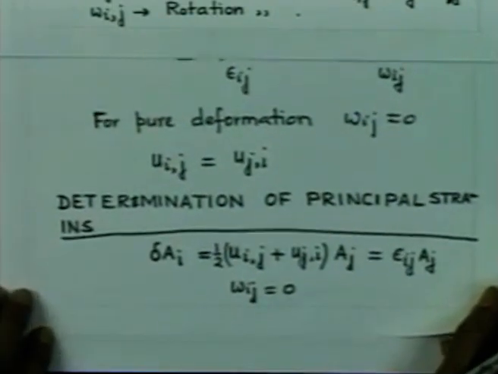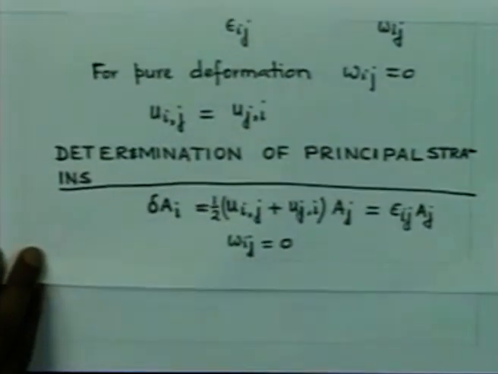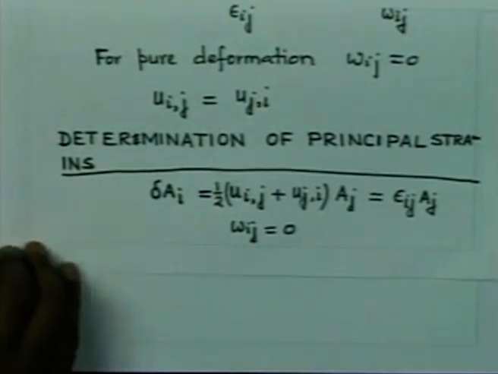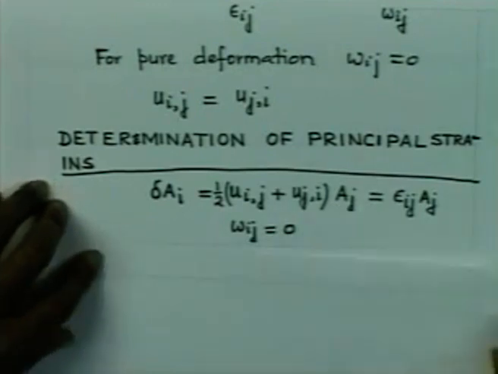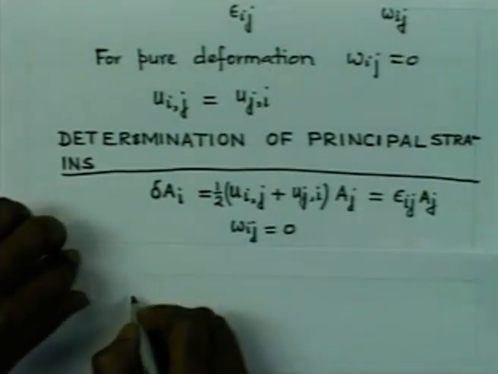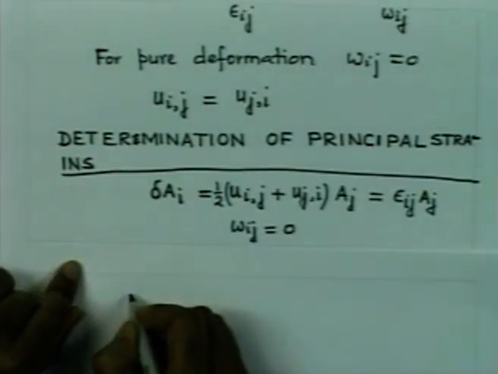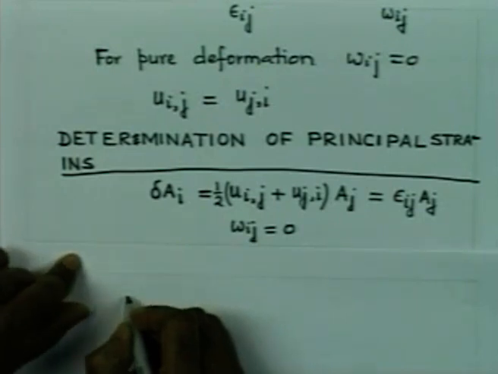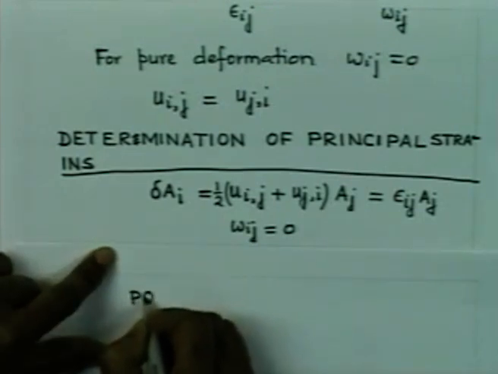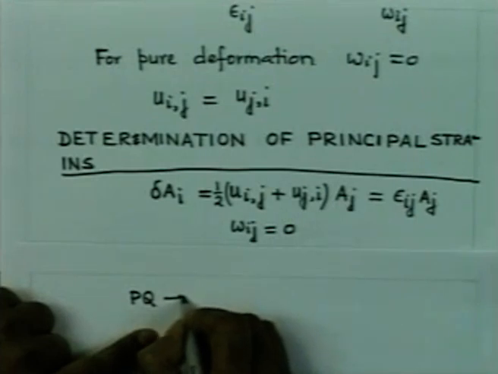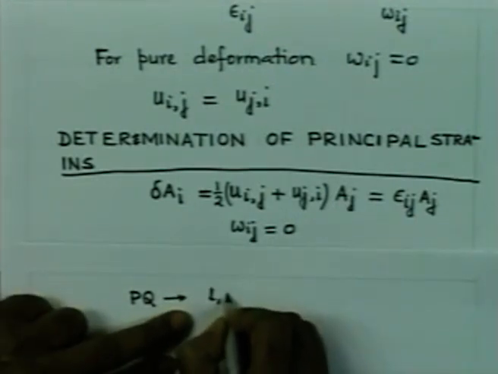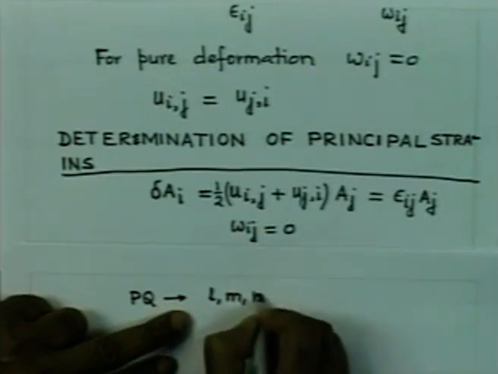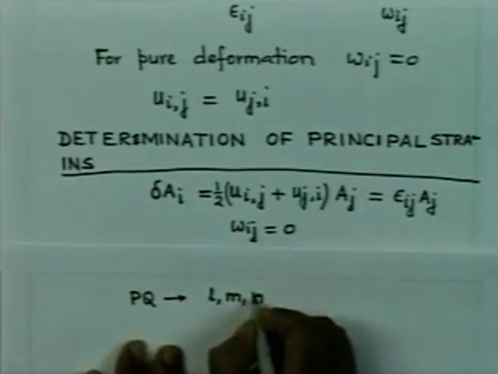Now, let us consider that this PQ that we considered is aligned with the direction cosines l, m and n.